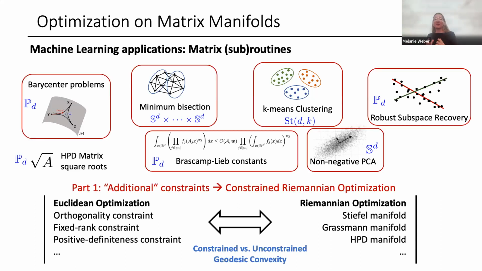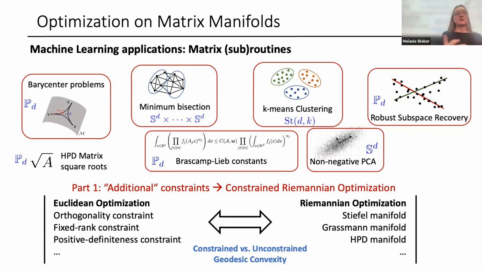The two types of Riemannian algorithms that we will see in this talk are as follows. In the first part of the talk, we will talk about algorithms for constrained Riemannian optimization. Here, in addition to the class constraint that tells us what class of matrices we are optimizing over, we have additional constraints that arise from the problem structure.